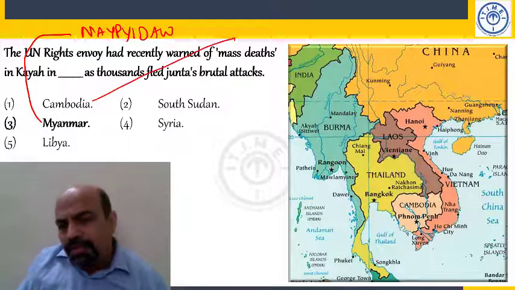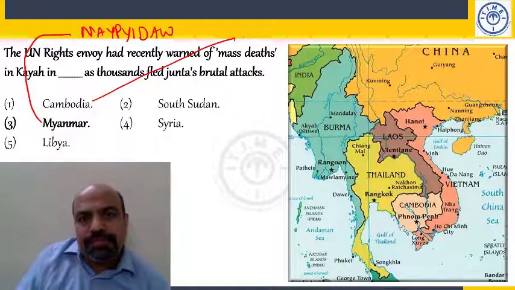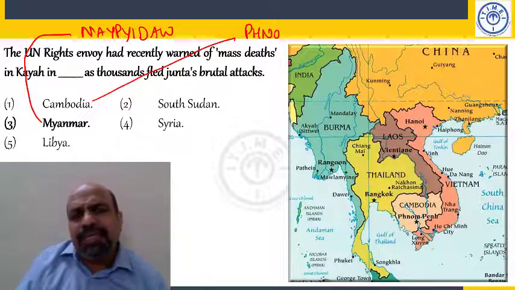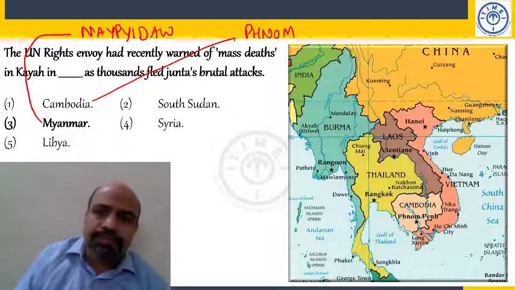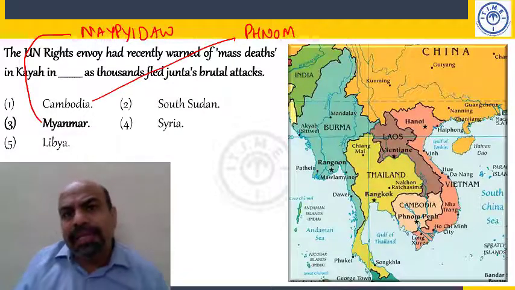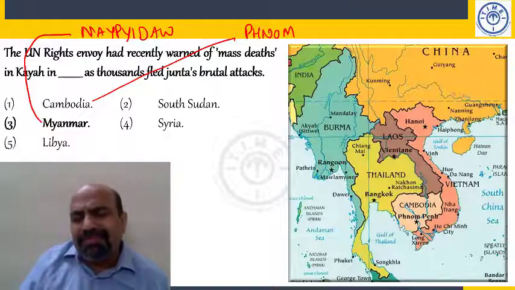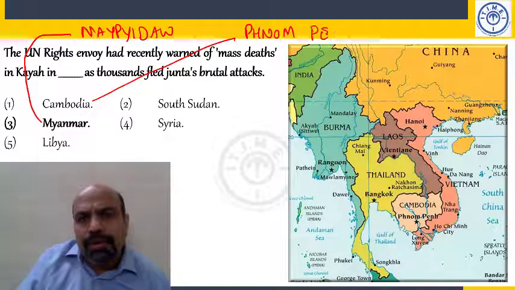Cambodia, you can see here, this is Cambodia. Phnom Penh. I think in the previous session I had mentioned the name of the Prime Minister. Hun Sen. The king is Norodom Sihamoni, but not very important for us. Okay, Phnom Penh, yeah.